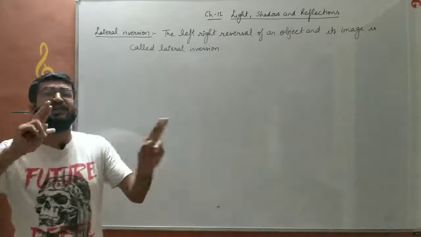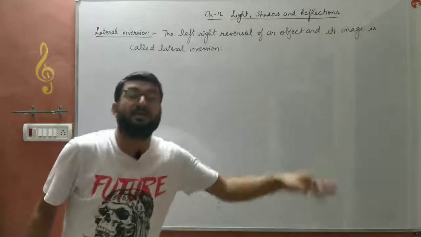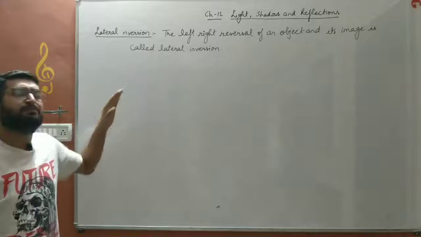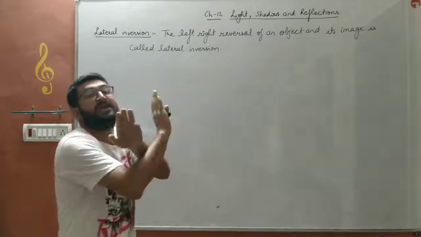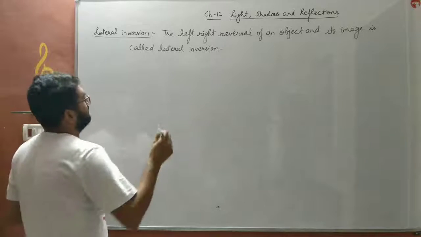This left-right reversal of an object and its mirror image is known as lateral inversion. जब बच्चों एक ऑब्जेक्ट और उसकी मिरर इमेज का लेफ्ट राइट रिवर्सल हो जाए, that is known as lateral inversion.